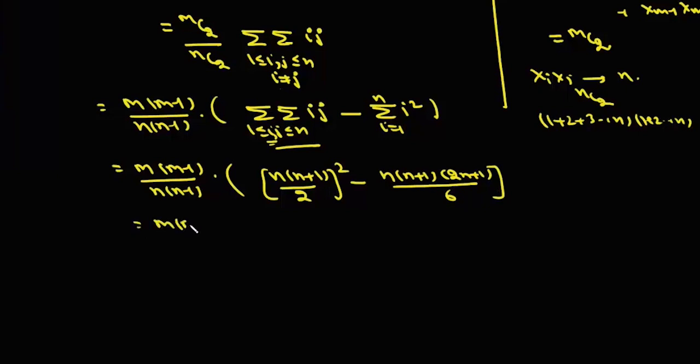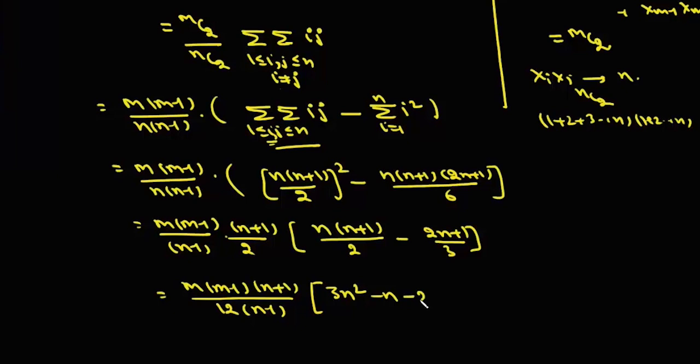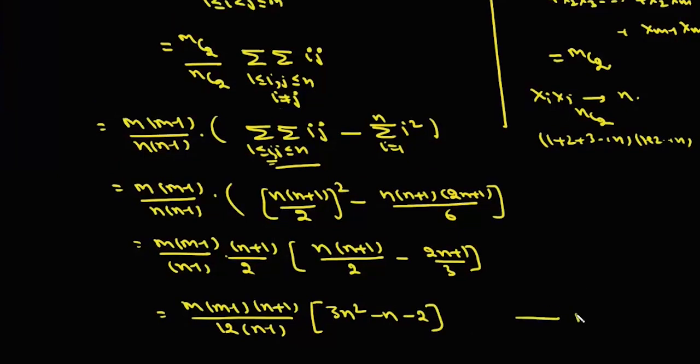So we can write m minus 1 upon n minus 1 into n plus 1 by 2 into n plus 1 by 2 minus 2n plus 1 divided by 3, which we can also write as m minus 1, n plus 1 upon 12 into n minus 1, and here will be 3n square minus n minus 2, and that's our third result.